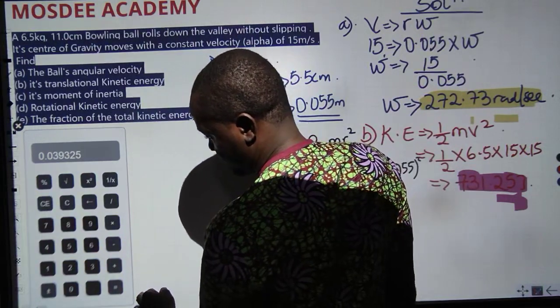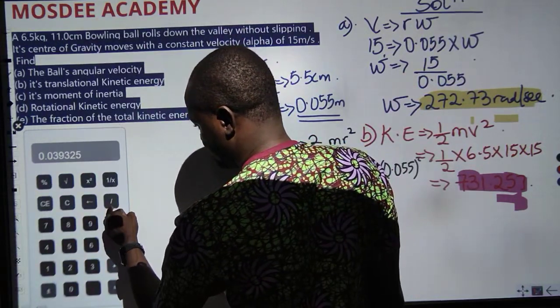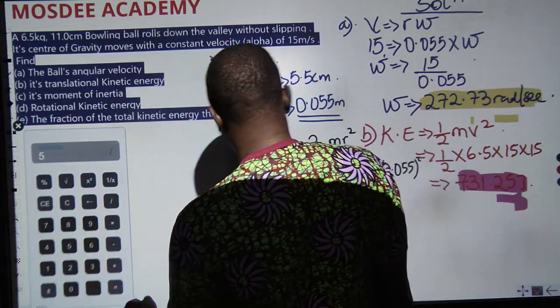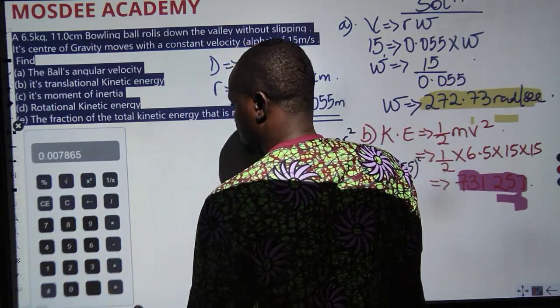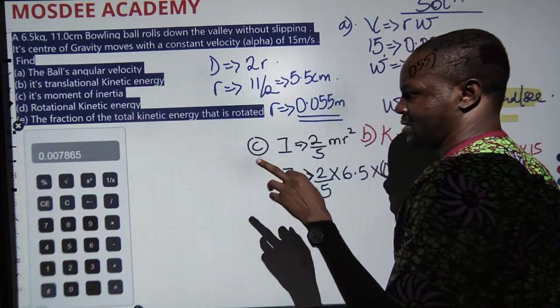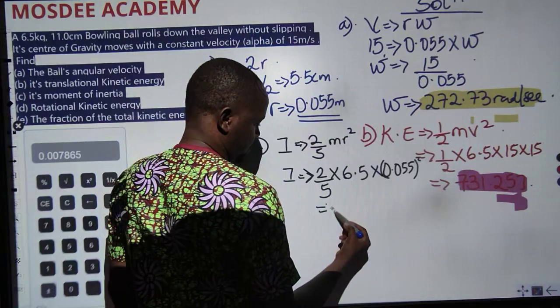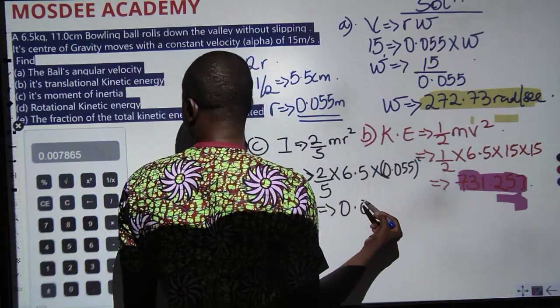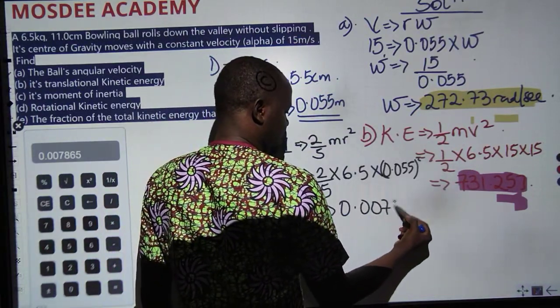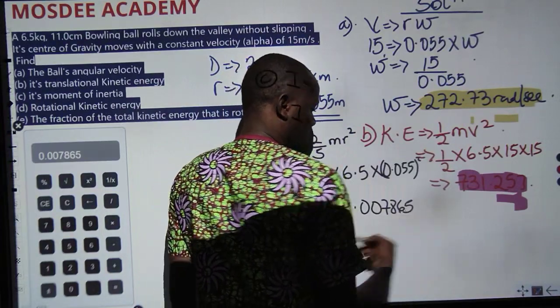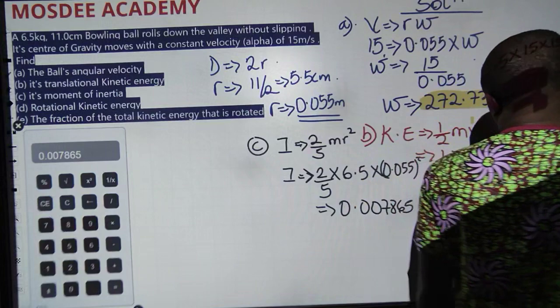So this is division. Hopefully it will be divided by 5. So that is 0.007865. I'll write everything. So 0.07865.